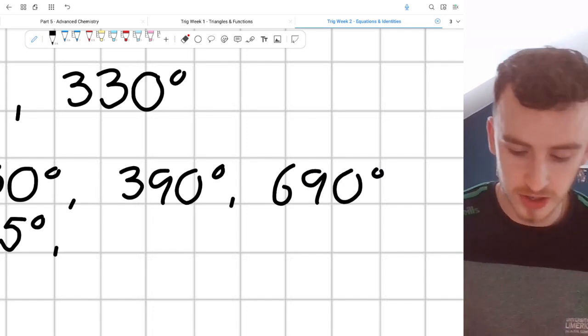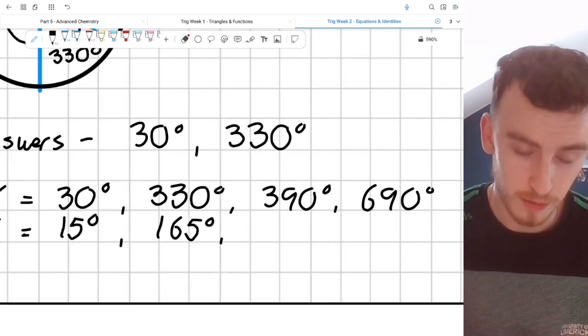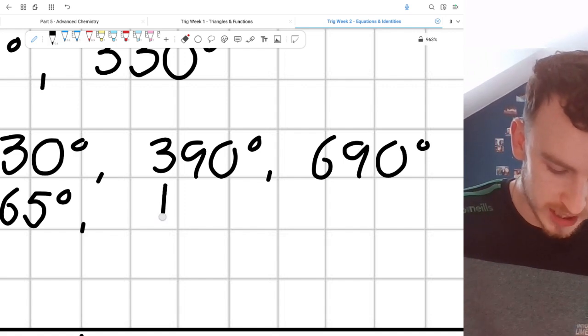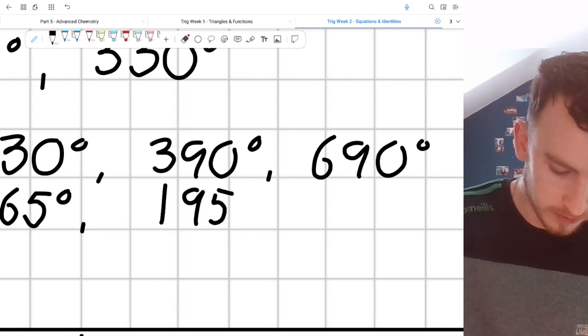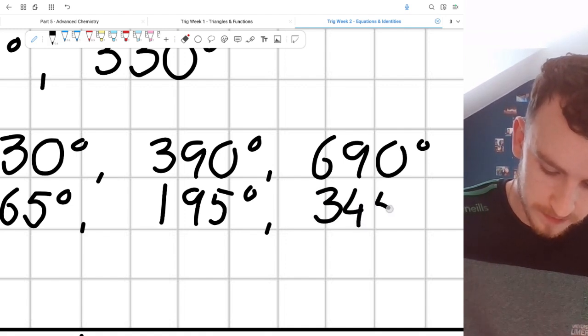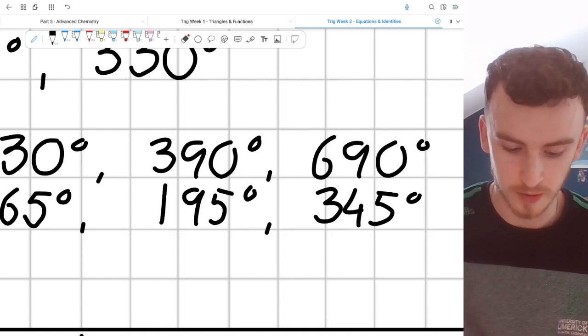Now, those answers are both greater than 360, so they're not valid, but that's 2x, right? We want x. So if I divide both of those by 2, I get 195 and 345 degrees, right? I'm still within 360, so those answers are valid.